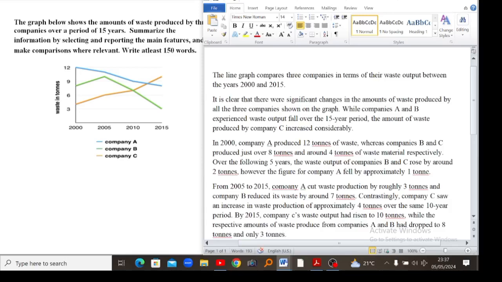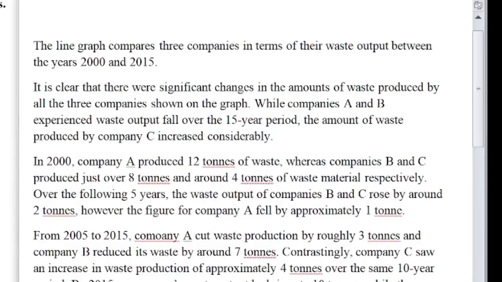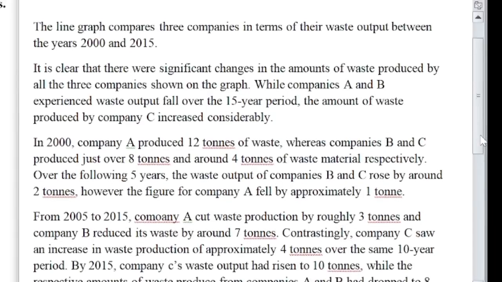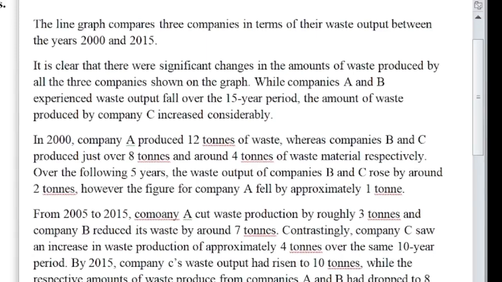Last time I said respectively, here I'm going to say the respective amounts of waste. So company A ended up at 8 tons, whereas company B, which is green, ended up at what? 3 tons. And there you have it, a simple essay like that.